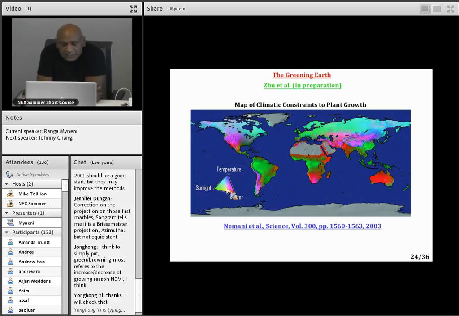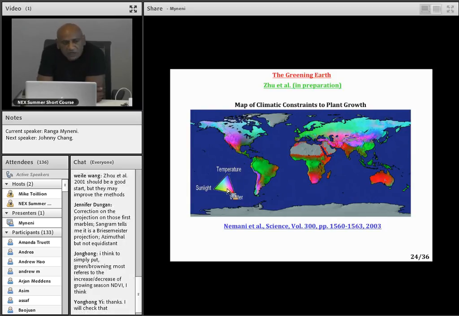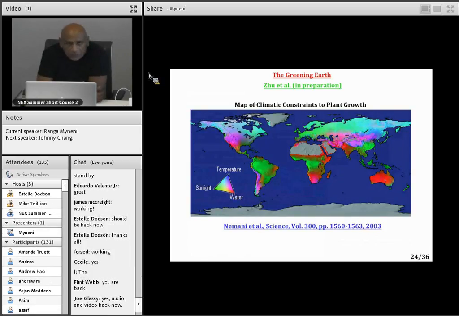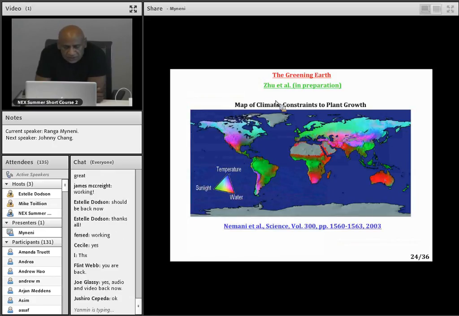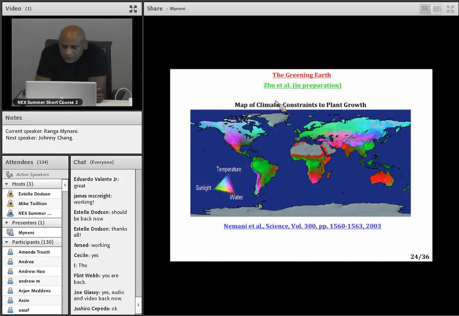So that means that here we have a very nice way of looking at every vegetated location on our planet, whether it is water limited, temperature limited. So I was talking about this map of climatic constraints to plant growth, which essentially tells us the limiting factors to plant growth for every vegetated location.